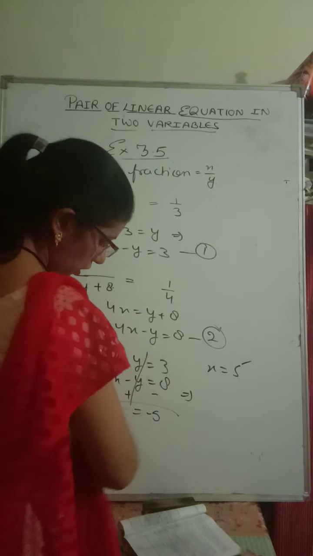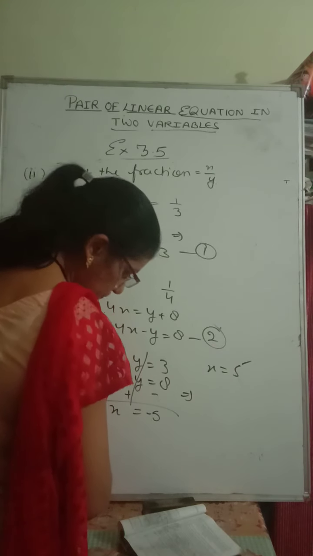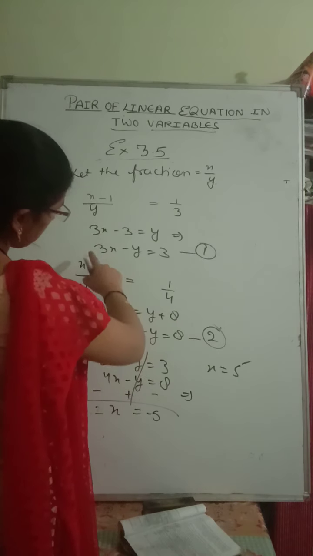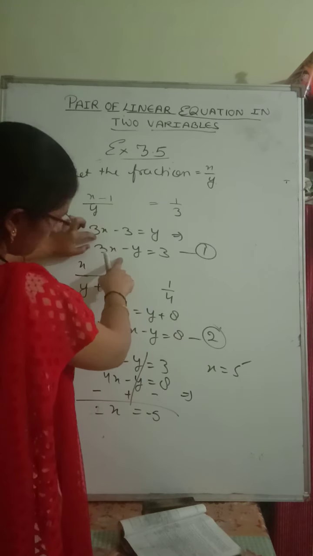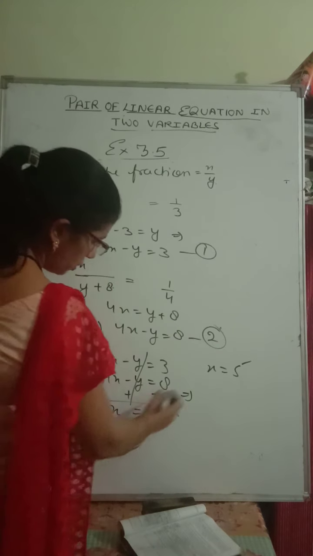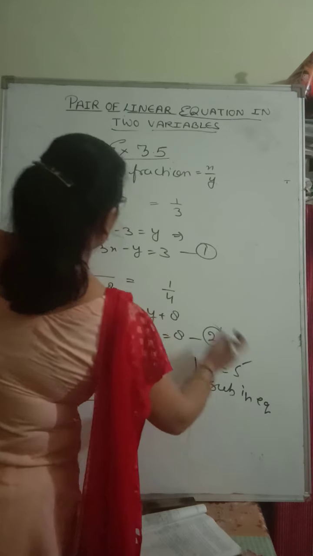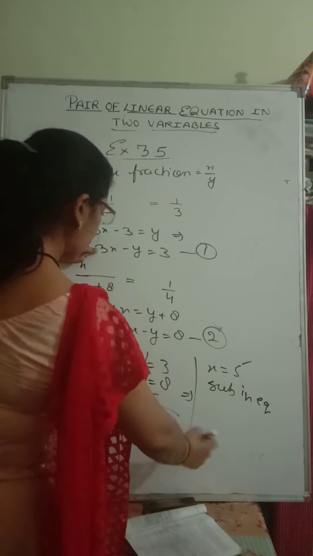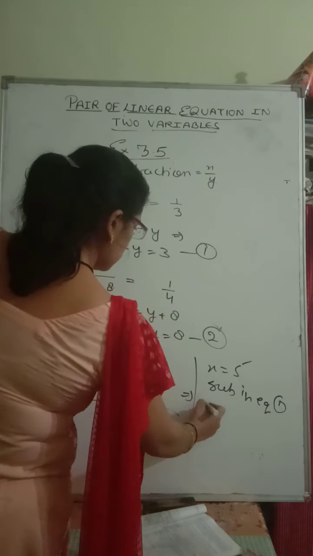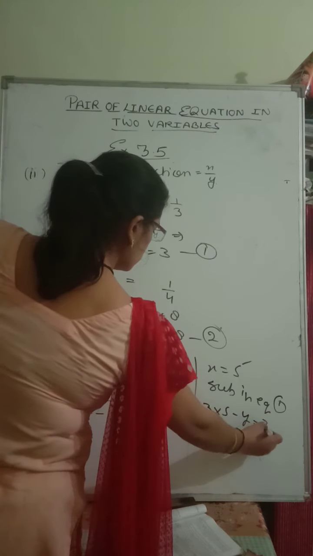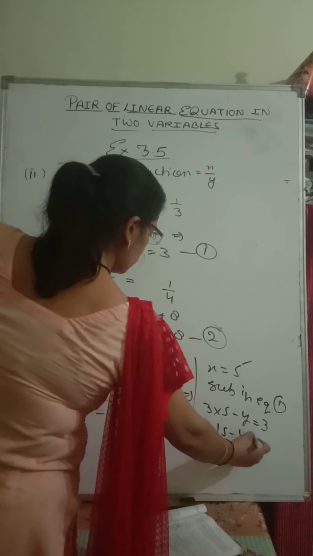Okay, substituting the value in any one of the equations, what you will get? किसमें रखें? Same in this or in this, x is equals to 5. So substituting in equation 1 only. Okay, 3 into 5 minus y equals to 3, 15 minus y equals to 3.